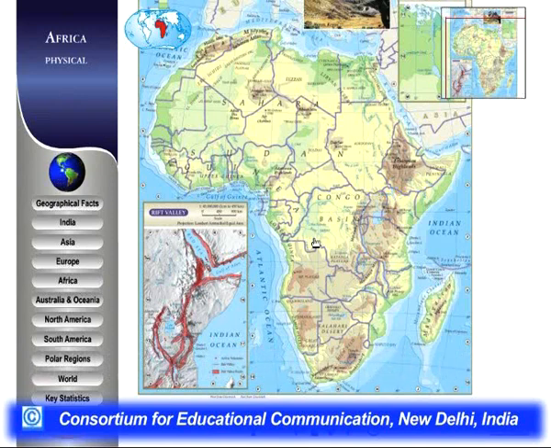Friends, colors are the language of map. You can interpret, you can understand the map through the colors. So, brown color shows high altitude, mountains. Yellow color represents plateaus, and green color represents plain.